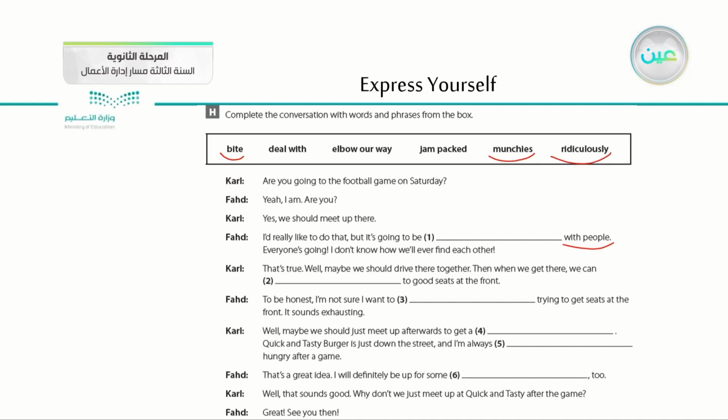All these words are irrelevant to people. So which one is the right answer, if you think in your mind? I would really like to do that, but it's going to be with people. Everyone's going. So we are talking here about something where everyone is going. I don't know how we will ever find each other. So they are talking about something where everyone is going to go. So what is the right answer?